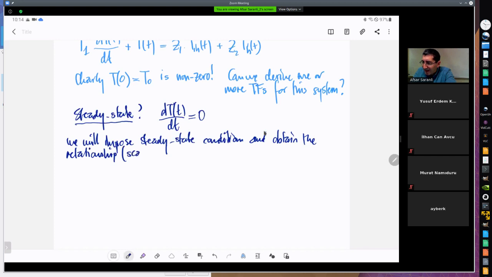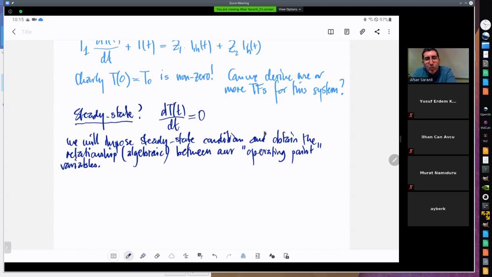This will be an algebraic relationship rather than a differential relationship. Algebraic relationship between our, let's say, operating point variables.